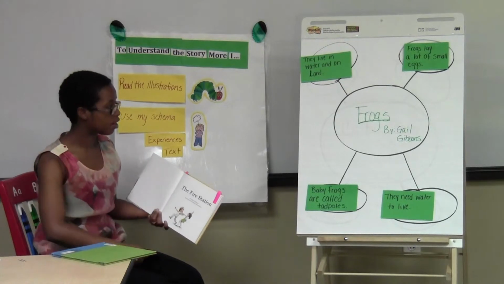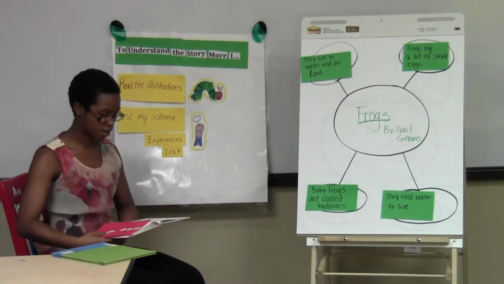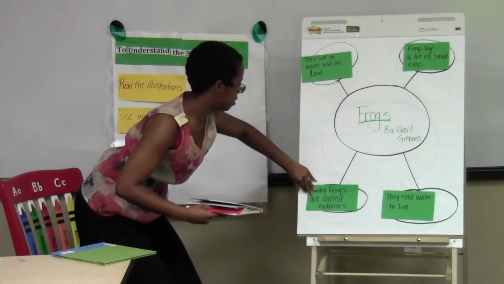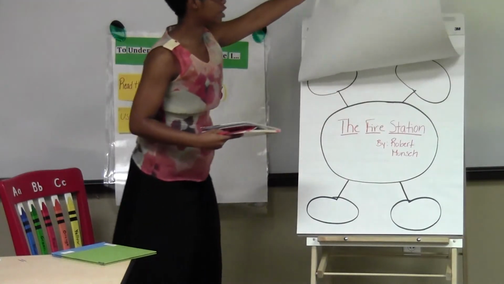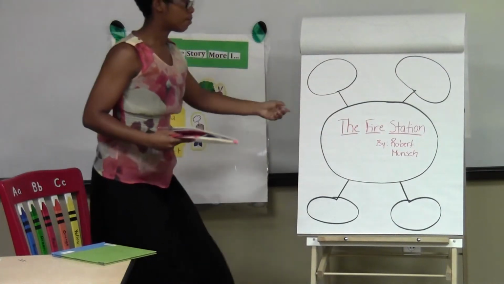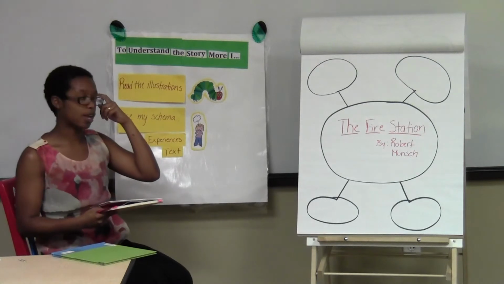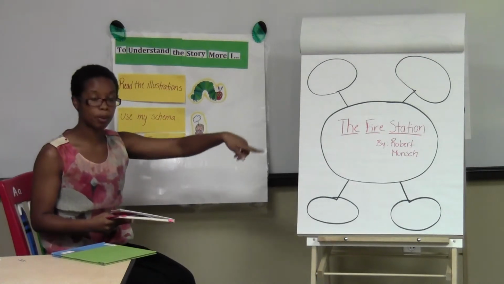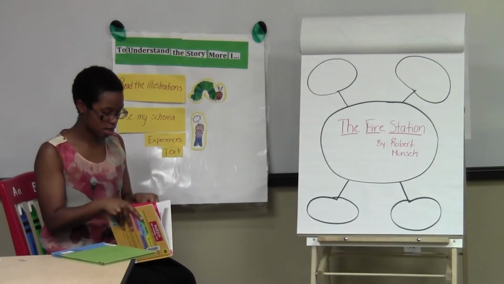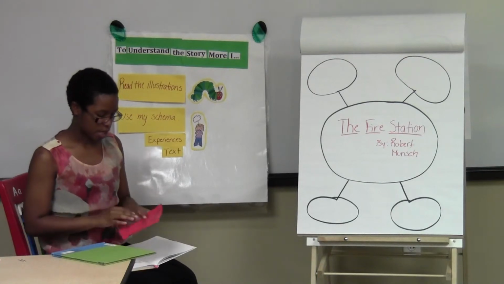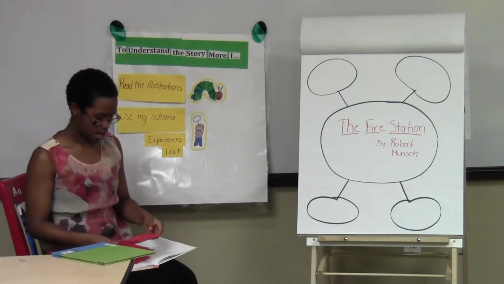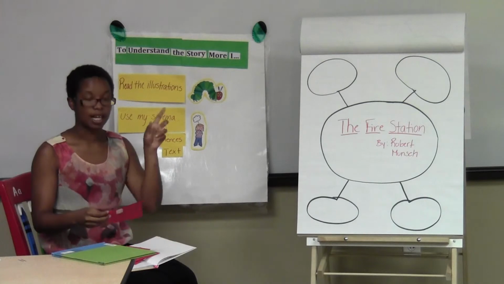And so like we did for the frog book, I'm going to flip this. We're going to use a web diagram because readers are always thinking about what they know. So to remember what I know, I'm going to write these words down. I remember that firemen slide down on long poles.